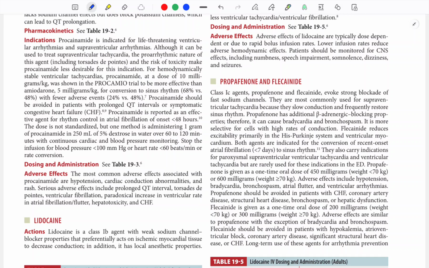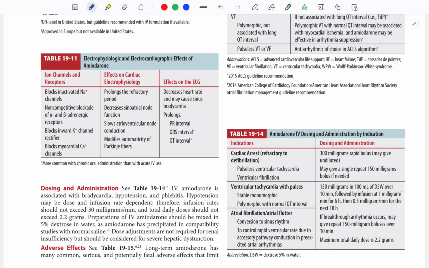Amiodarone possesses properties of all 4 classes of antiarrhythmics. Sotalol is used in monomorphic VT. So amiodarone blocks sodium channel, alpha and beta receptors, blocks potassium channel, blocks calcium, it blocks everything.